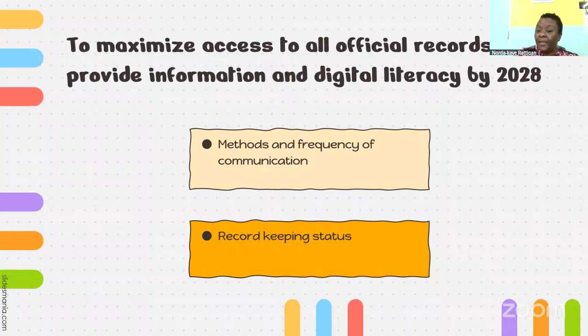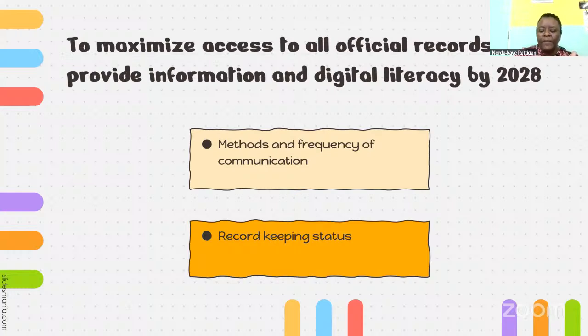And this is where we're aiming at. It says digital literacy. How do you communicate with your parents? You would have pulled on data about the level of communication in your school, record keeping status, all of those things. This is where you outline your goals to improve and to meet this strategic objective.